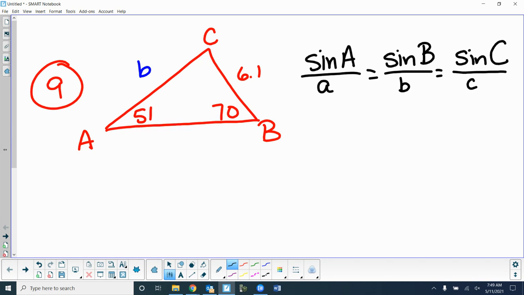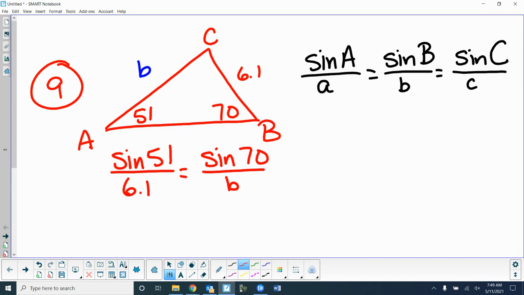Okay, so we're just going to solve for side B. We're going to go sine of 51 degrees over 6.1 equals the sine of 70 degrees over B. And then we'll cross multiply and then divide to solve for B. So it's going to be B times the sine of 51 equals 6.1 times the sine of 70.